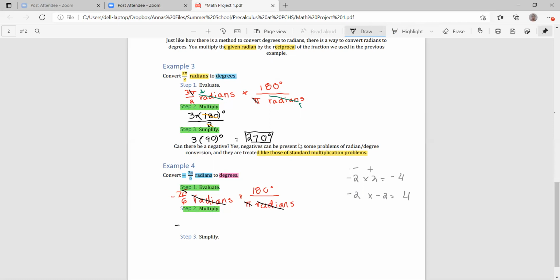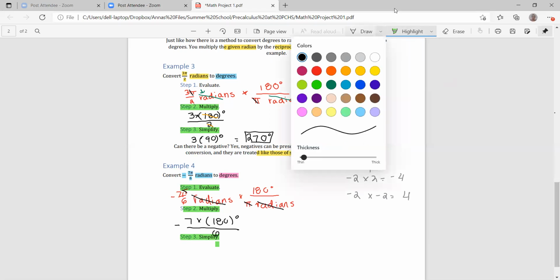And we're going to do numerator to numerator. We have 7 times 180 degrees. And for the denominator, we have 6 left. Right, so now that we're done with step 2, we've multiplied the problem out. Let's move on to step 3, and let's simplify this out. So again, since this is multiplication, we could divide numerator by denominator.